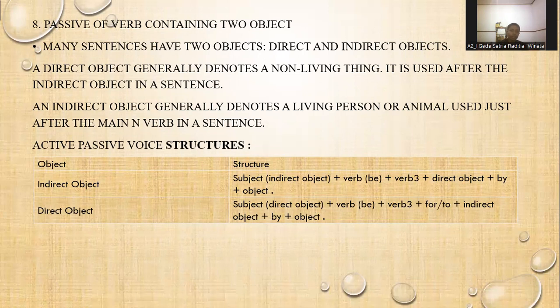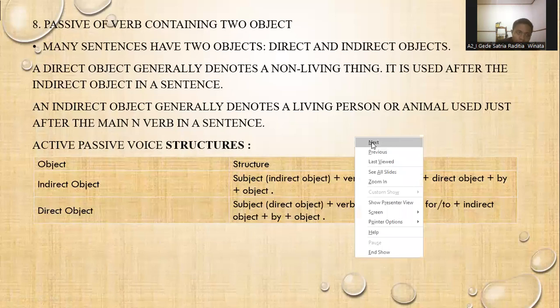The active and passive voice structure: subject plus verb plus indirect object plus direct object. Passive: indirect object plus be plus verb three plus direct object plus by plus object; or direct object plus be plus participle plus for or to plus indirect object plus by plus object.